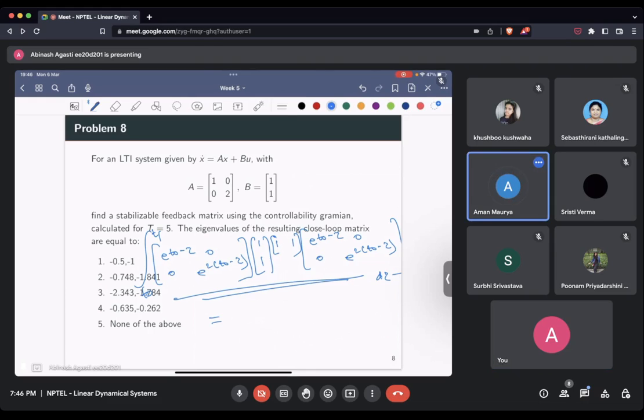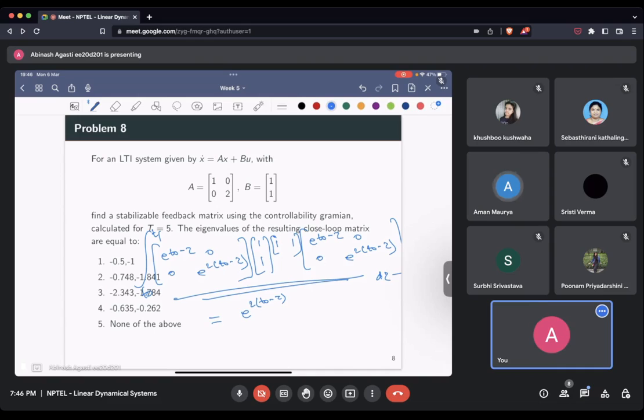Sir, e to the power 2 times t naught minus tau. Sorry, repeat that. e to the power 2 times t naught minus tau. t naught minus what? Tau. Yes, sir.